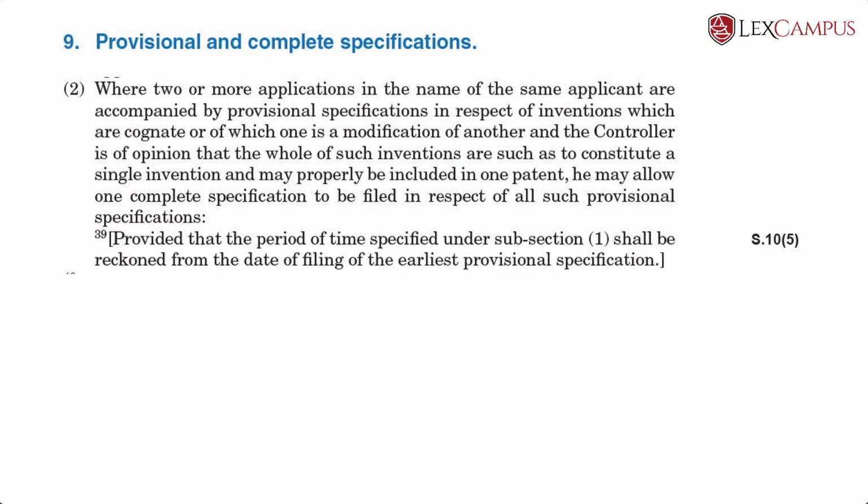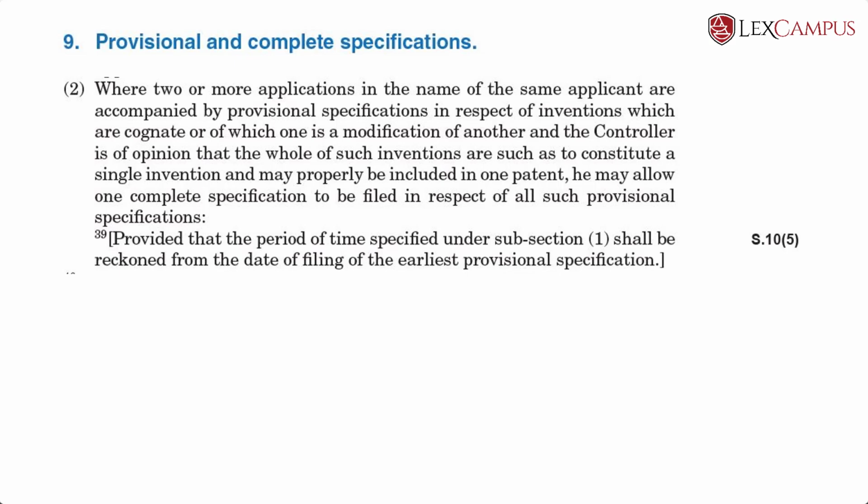On the first of every month, he follows it up with a provisional covering another aspect, a modification or a related aspect of the same invention. So, in February you have one, in March 1st you have another provisional filed, in April 1st, and so on till December. Before December 31st, the applicant can file one complete specification covering all the aspects covered in the provisionals filed over the period of 12 months, and it will be allowed by the controller, provided they are all cognate, they are all related.